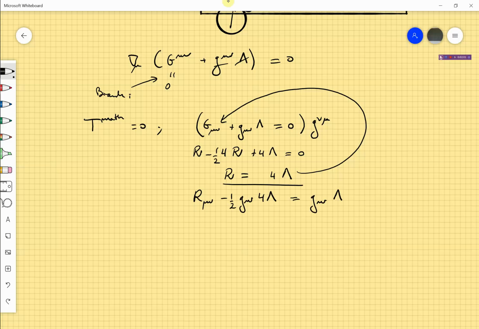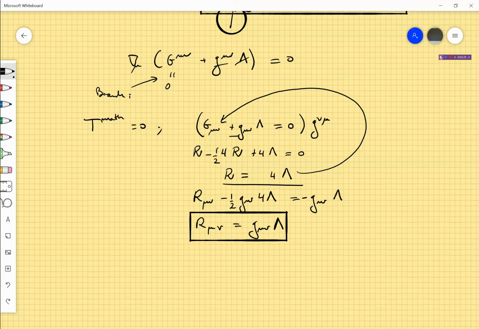This gives you minus 2 g mu nu lambda. You put it on the other side, and what you get is... sorry, this is minus. Okay, it was plus here. This gives you g mu nu lambda.